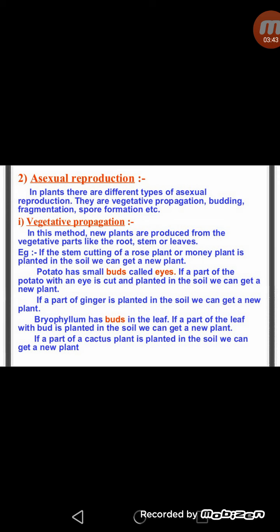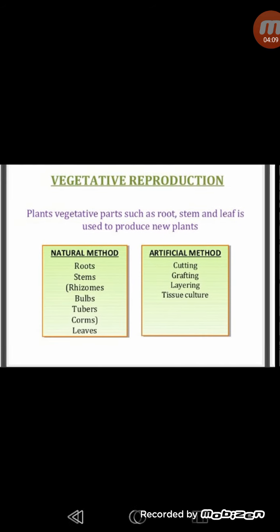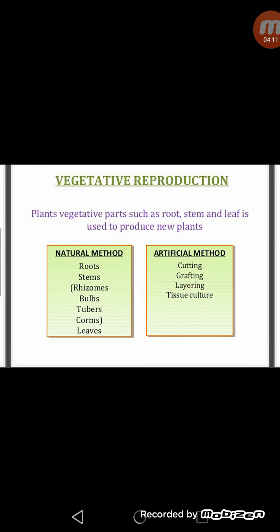In the same way, potato has certain eyes which are called buds, and if we put these eyes or buds into the soil, the new plant can be grown. In the same way, from ginger also we can grow new plant, and bryophyllum leaves also help in making new bryophyllum plants. So in this way we can say vegetative propagation happens with the help of vegetative parts like root, stem or leaf. Now I will explain them one by one.